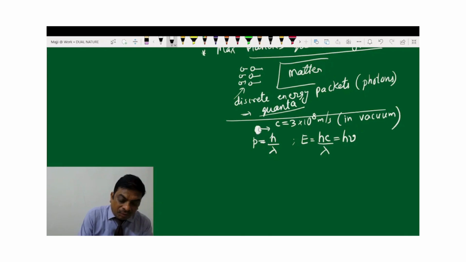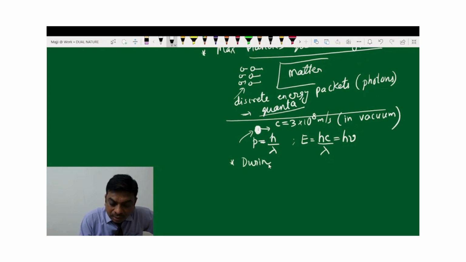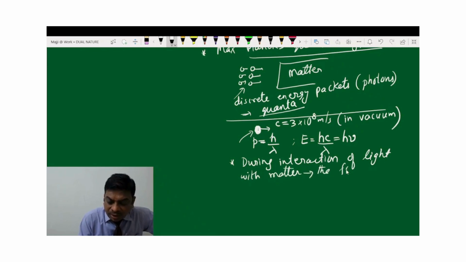Now, while we treat this as a particle, the law of conservation of energy and the law of conservation of momentum can always be applied during the interaction of photons with matter particles. So during interaction of light with matter, the following can be applied.